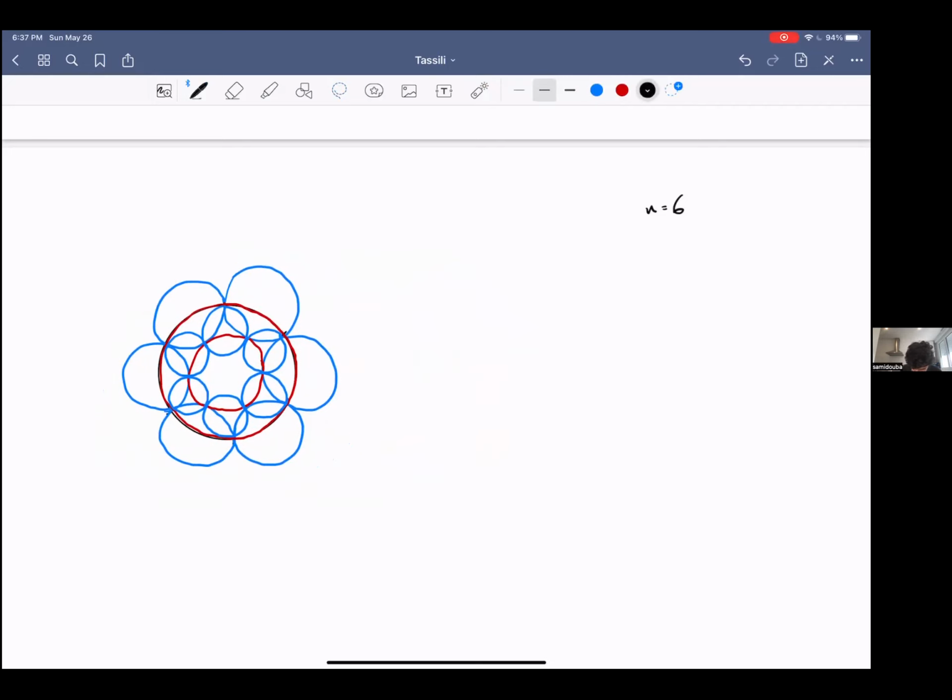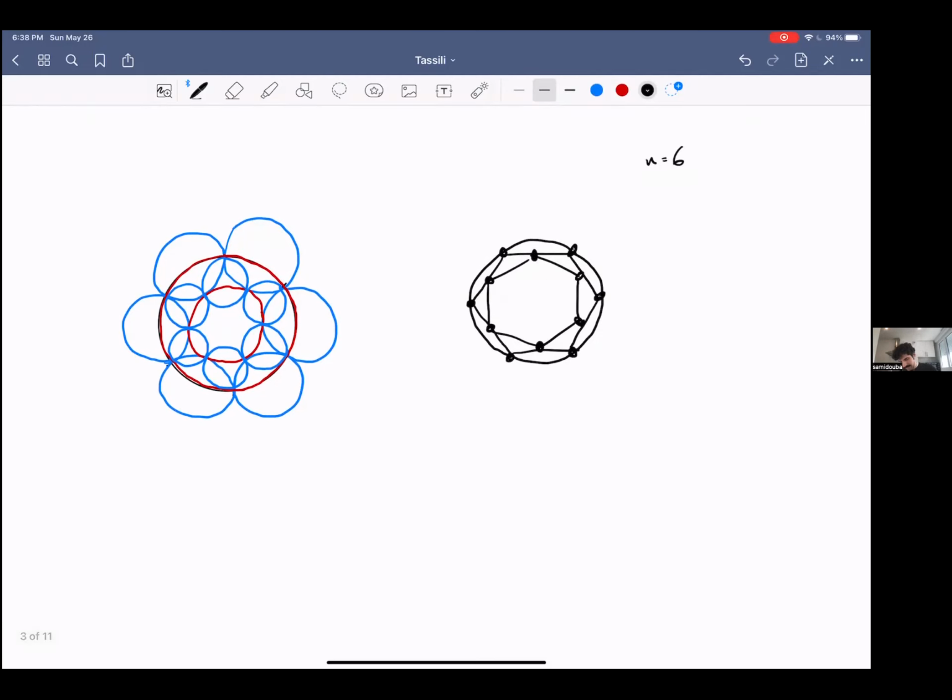In fact, again, I'm drawing a stereographic projection of the polyhedron in the case n equals 6.